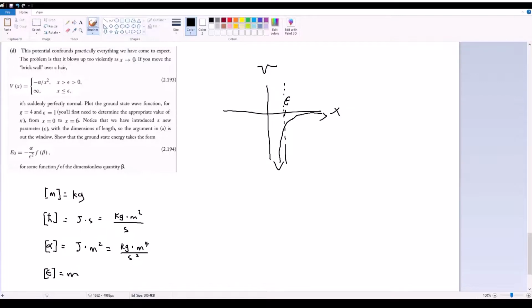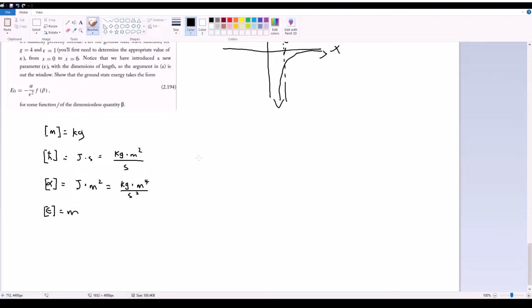Now, using the same logic as in part A, all these terms have to eventually make their way over to the right side of the Schrodinger equation.